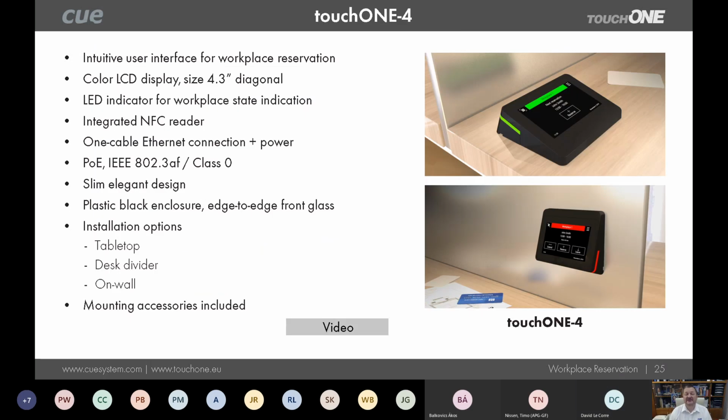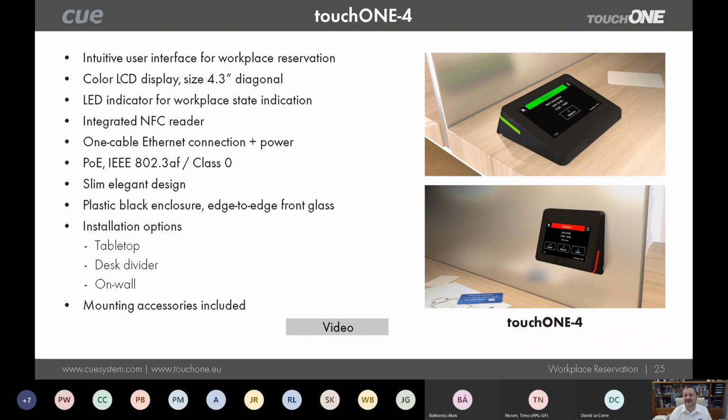Now, new device, touchONE 4. touchONE 4 is very, very close to launch date, and we are very, very happy to have finished the development of this tool. That's a new option for workplace interface, so you may consider using touchONE Desk 55 or new touchONE 4.